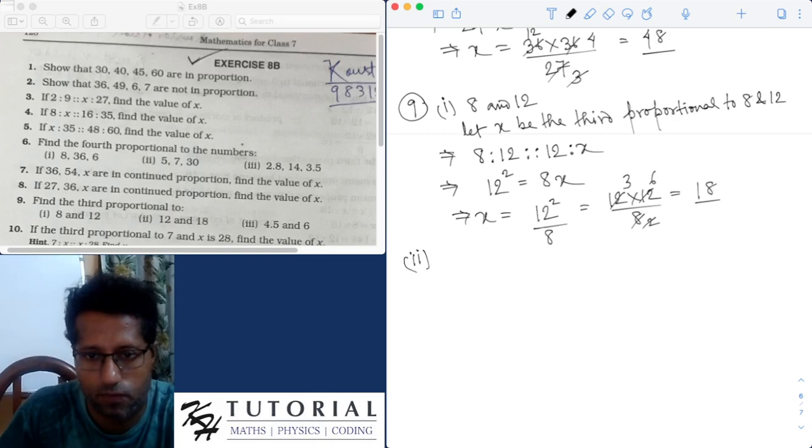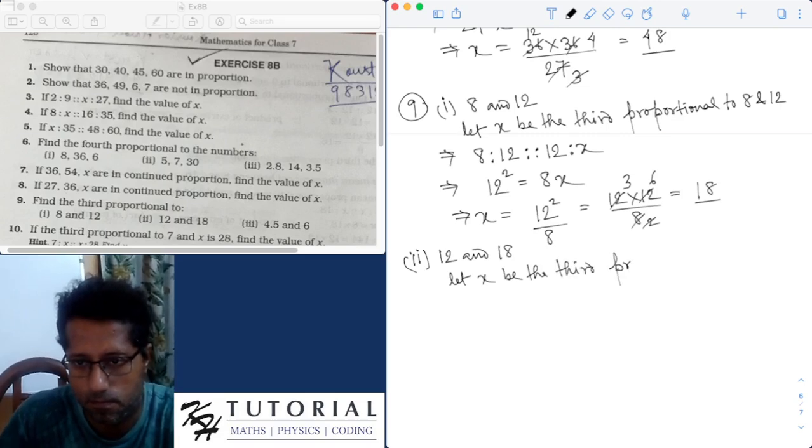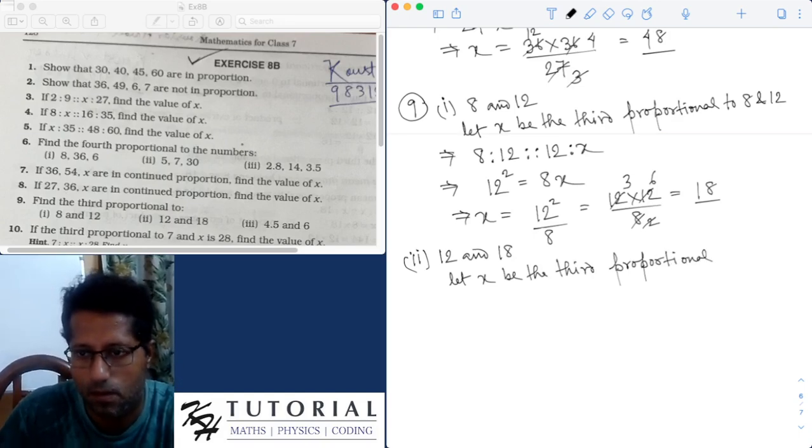Part 2 is 12. It has asked to find the third proportional to 12 and 18. So let x be the third proportional to 12 and 18.